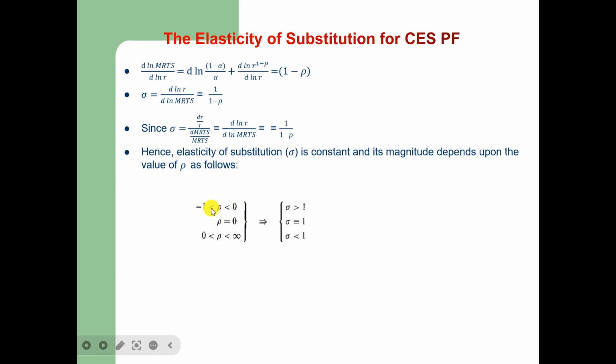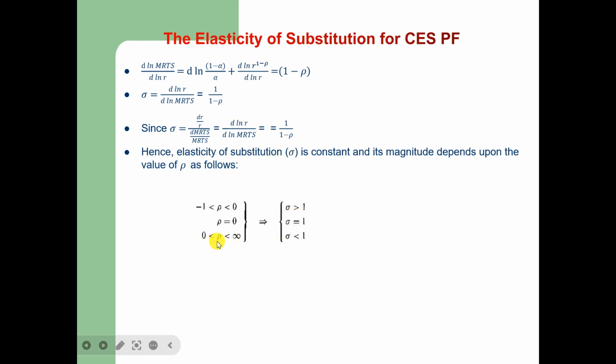If rho assumes value in this range, then sigma is greater than 1. If rho assumes the value of 0, then elasticity of substitution is equal to 1, and the CES production function converts to the Cobb-Douglas production function.